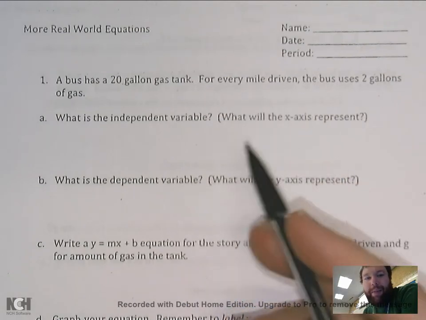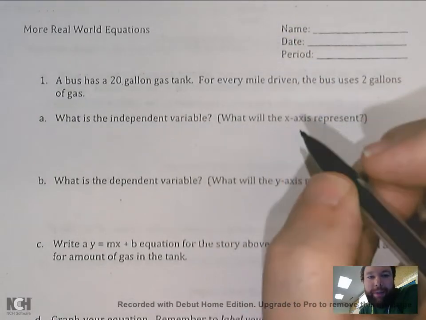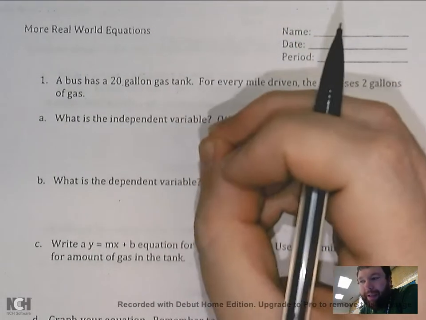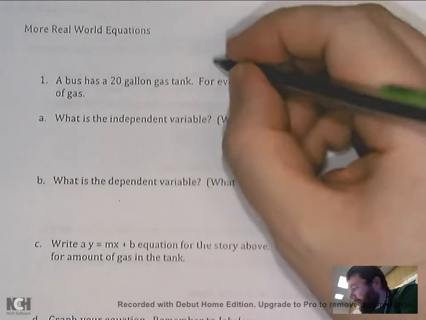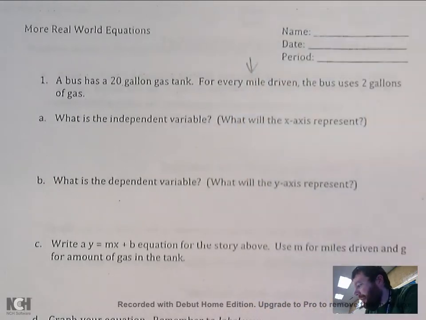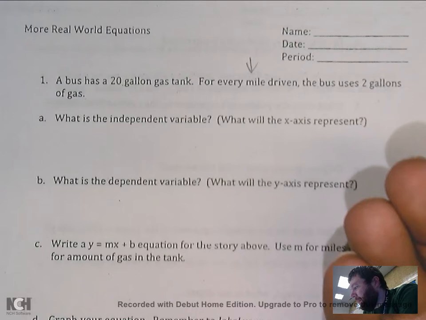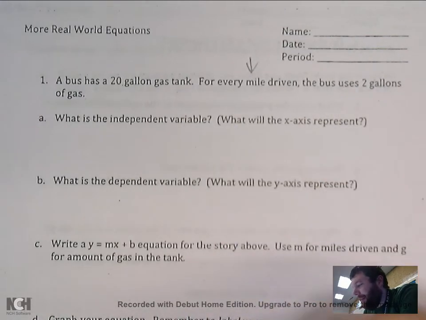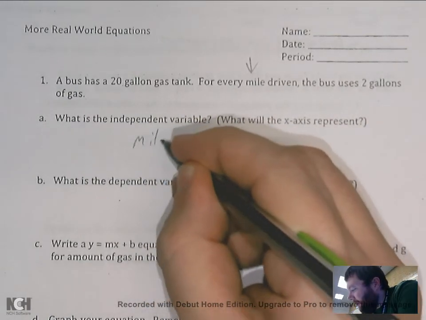is the independent variable is going to be the variable that you are plugging stuff into. In this situation, that would be the miles that you're driving, right? Because that is what is independent. It's the gas that's dependent on how many miles you drive. So that would be the number of miles driven.